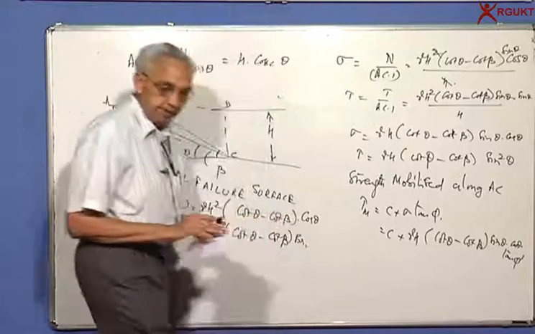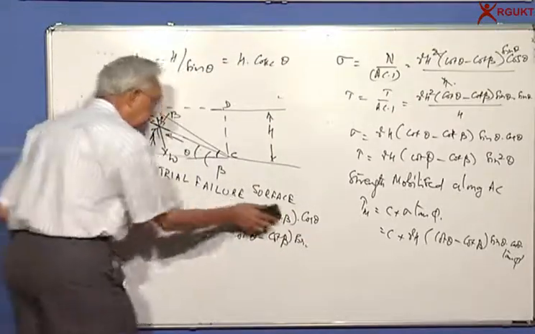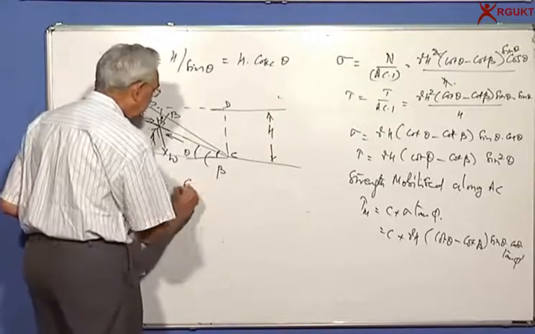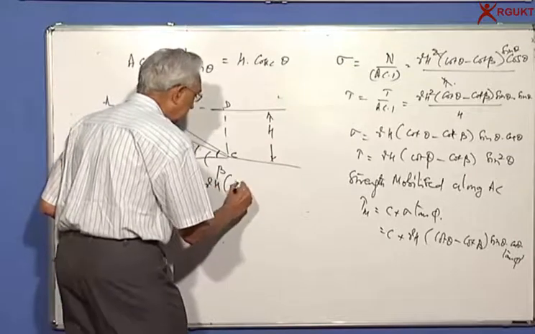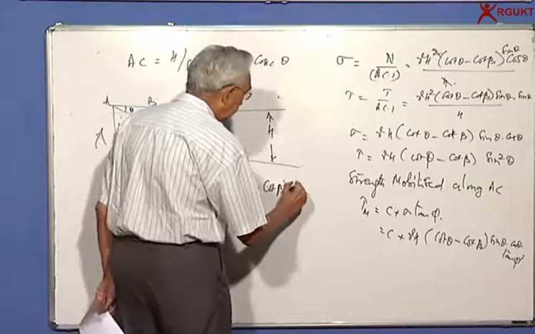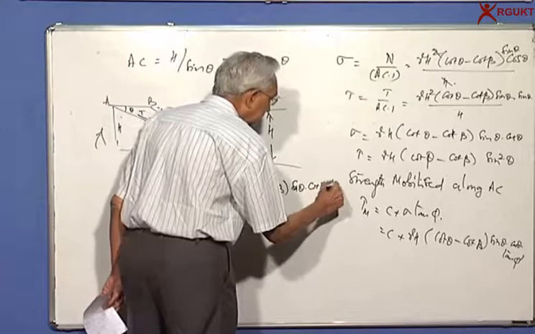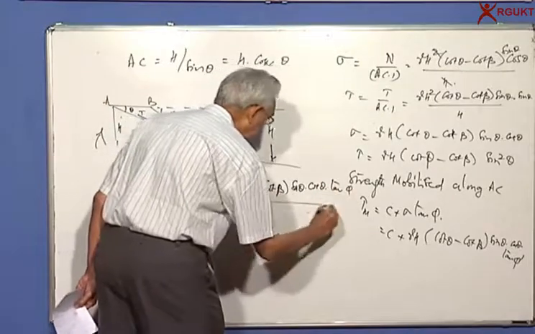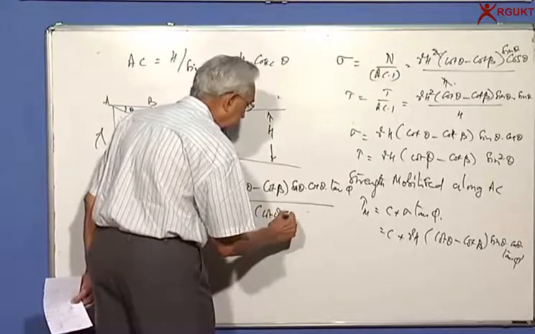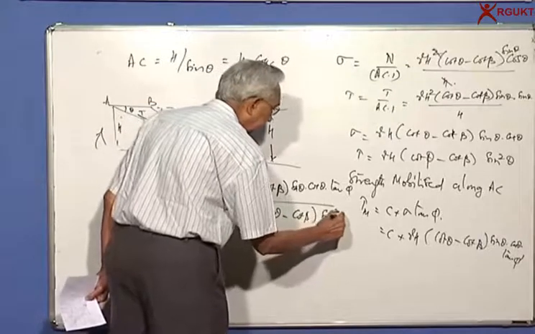So now you can say what will be the factor of safety for a possible planar failure surface. Factor of safety is equal to C plus gamma h cot theta minus cot beta sine theta cos theta tan phi, divided by gamma h cot theta minus cot beta into sine square theta.